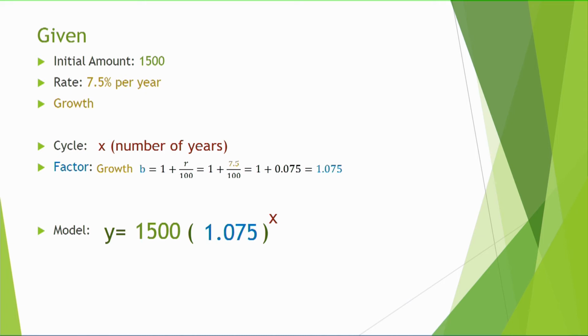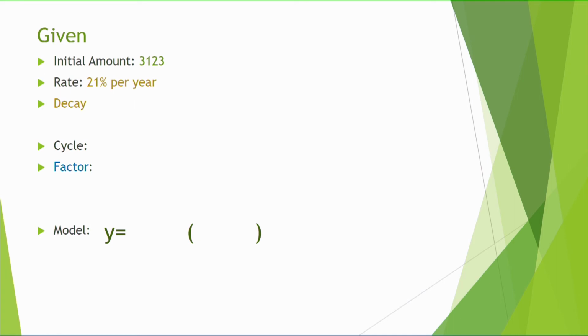All right, so let's try another one. So for our initial amount, we are given 3,123. We have our rate of 21% per year, and we know that it's decay. So when we're looking at this, we're going to plug in our initial amount outside of our parentheses. Right? And then we're going to know that our cycles are going to be in the number of years, and that's going to be our exponent.